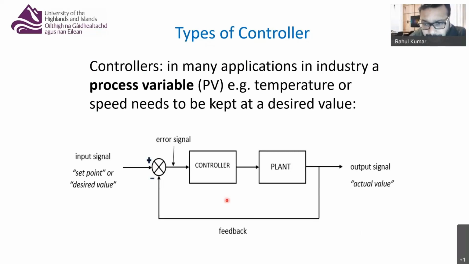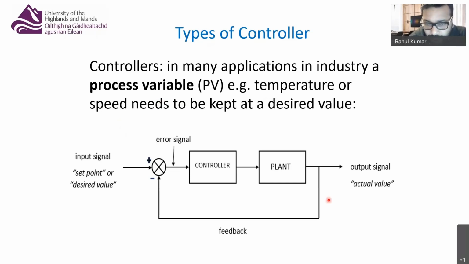Basically, the main purpose of your controller is to control the process variable. The process variable could be anything. It could be a physical quantity such as temperature or speed, or anything for which you have designed your control system, right? So your control system is used to control this variable, or to adjust the response of your system.